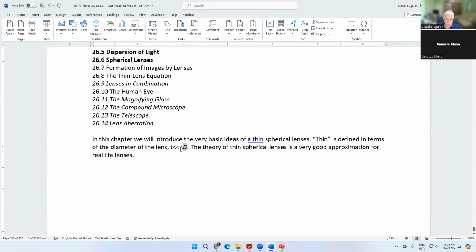I'm going to put t much less than D, the diameter of the lens. If you have this relationship, this theory approaches and explains very well the behavior of the lens.